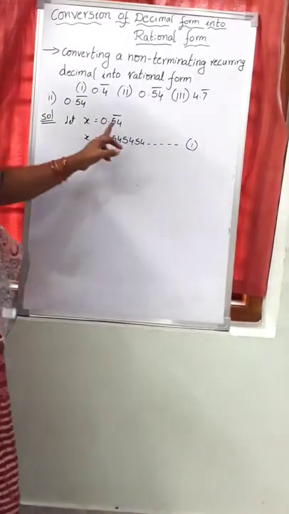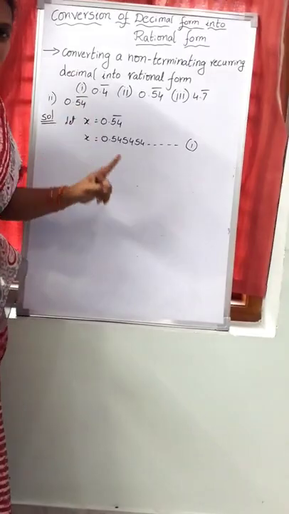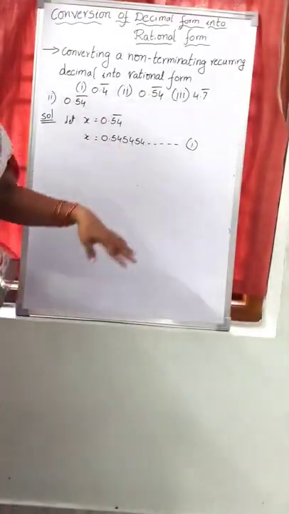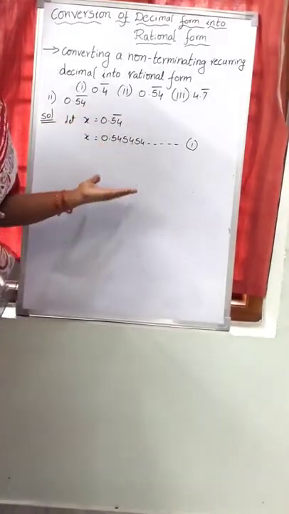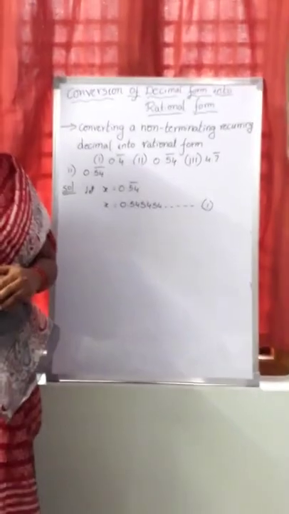Now here the periodicity is 2. In the previous question, if the periodicity is 1, then we multiplied both sides of the equation with 10. Here periodicity is 2, then with which number we have to multiply? Yes, we have to multiply both sides with 100.